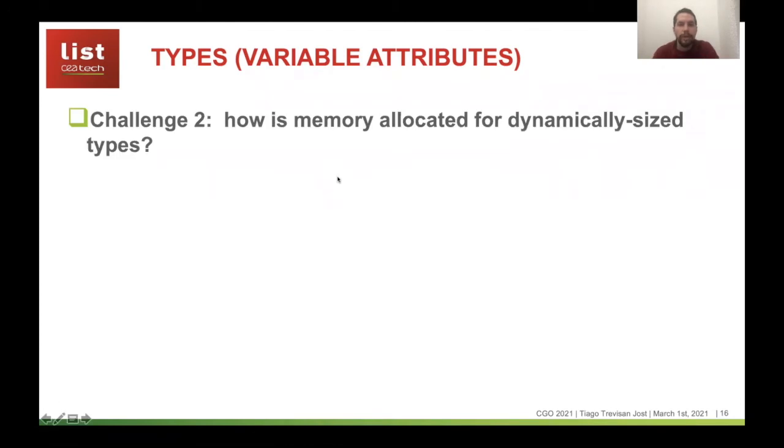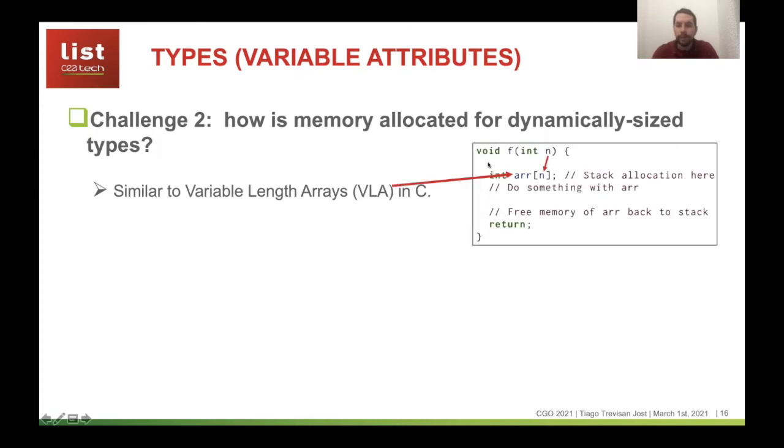A second major challenge is how memory is allocated for dynamically sized types. In this case, we take a similar approach to the variable length arrays in C. Just like we can see here in this function, the value of n is not known until runtime evaluation.